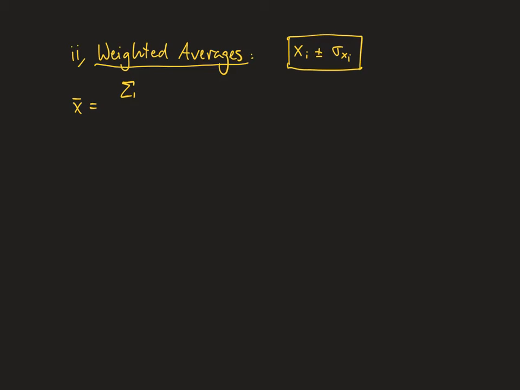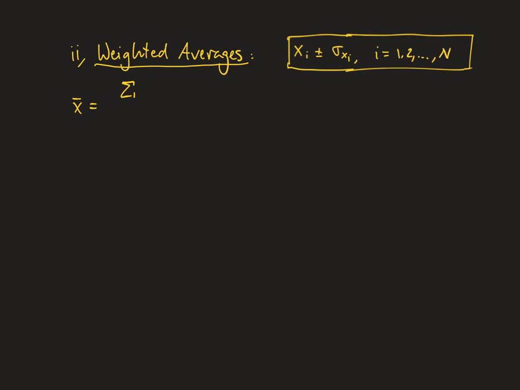They're all measurements of the same thing, and i here is going to be 1, 2, up to capital N. So we're going to measure this thing n times, and we get these different values. All right, so the uncertainties then are sigma x_i.